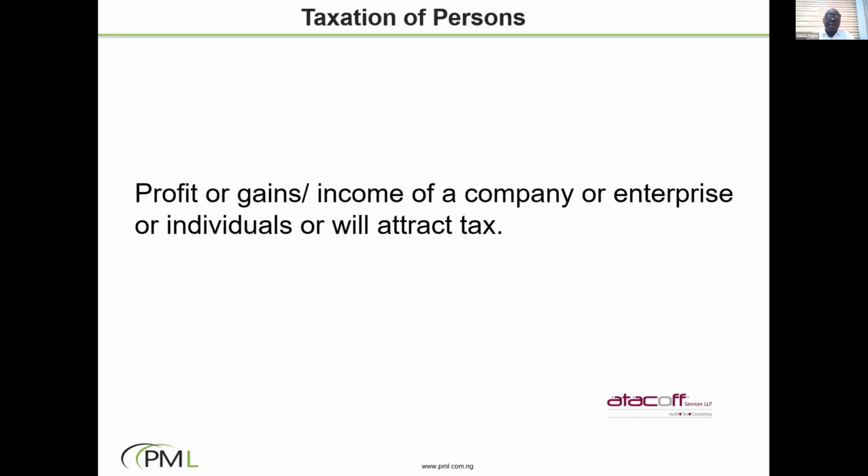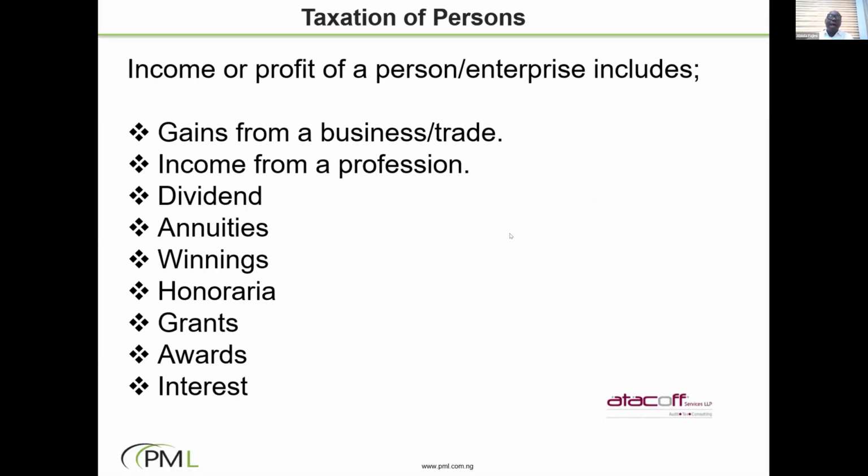So, your income or profit of a person or enterprise includes gains from a business or trade, income from a profession, dividends, annuities, winnings, honoraria, grants, awards, and interest. All of these are potential income sources that will attract tax.